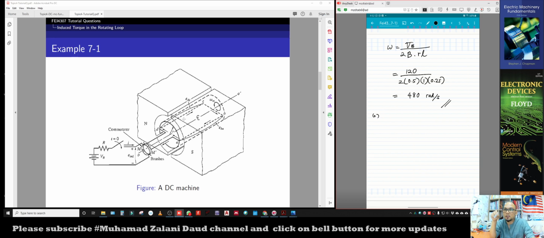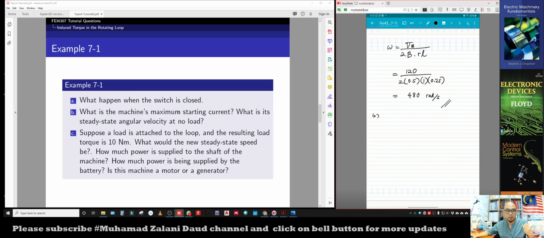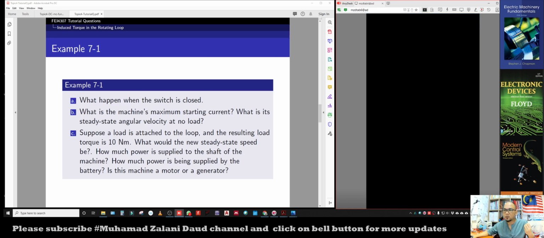This machine is rotating until it achieves its steady state condition. So once it is at the steady state condition, I connect the load. Okay, I connect the load, meaning that at that instant when I connect the load, the speed will be a bit reduced. All right, so that is the thing we want to understand from the third question.